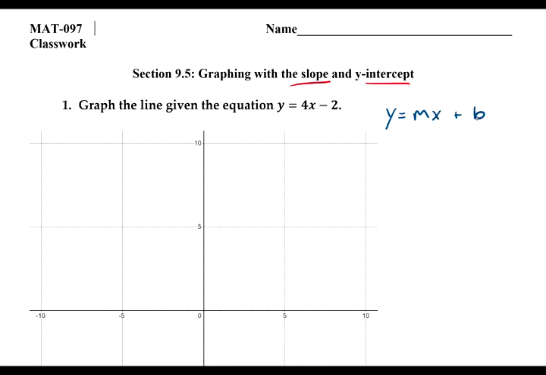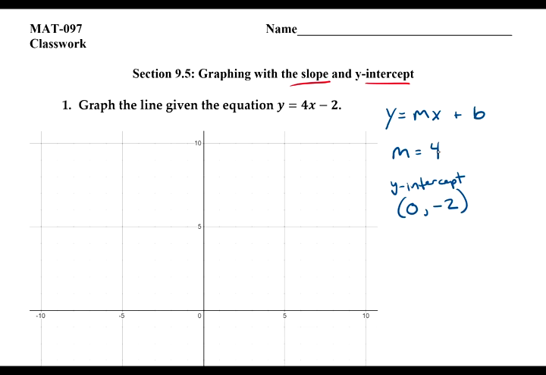In this case, for problem one, we already have this form of the equation. So we know the slope is equal to 4, and the y-intercept is the point 0, -2.